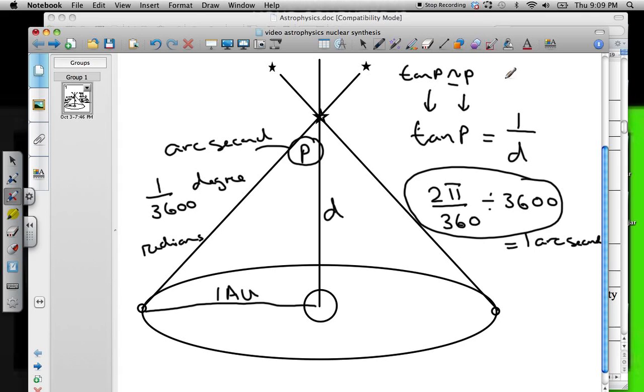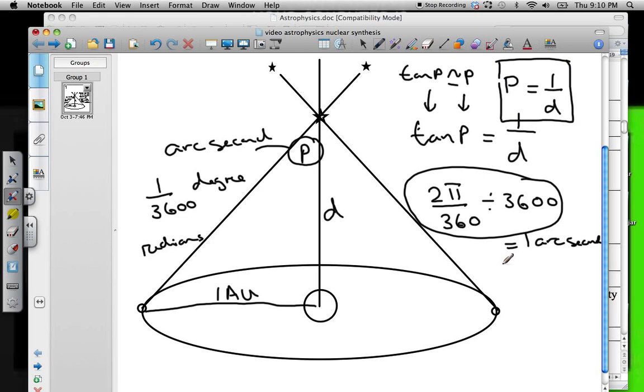So we can rewrite this formula as P is equal to 1 over D, and it's this D they use to actually define the idea of a parsec.